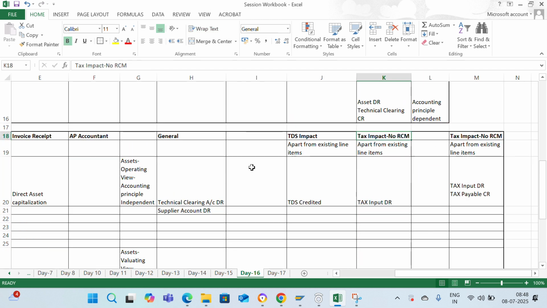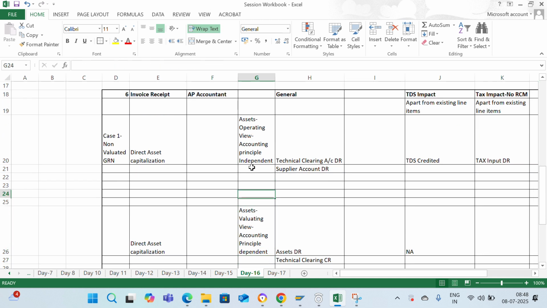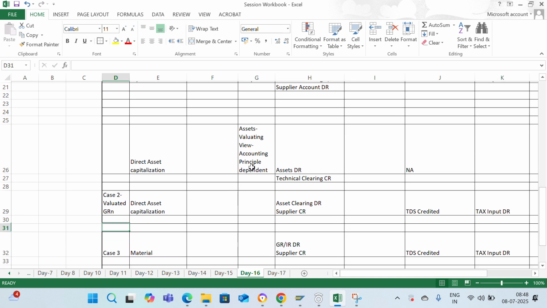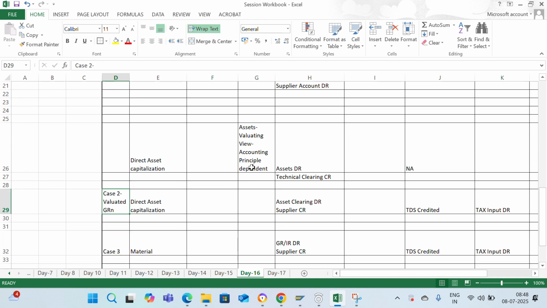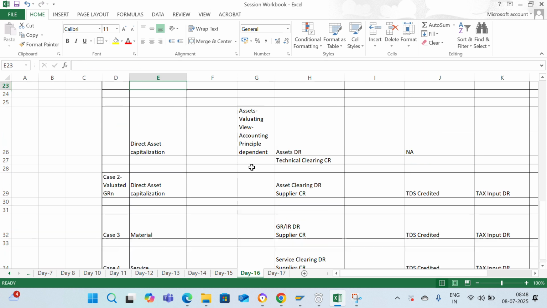Similarly, we also understood the concept of accounting principle dependent and independent, and operating view and valuating view, and what accounting entries are posted in case of non-valuated cases during invoice receipt, and what accounting entry is posted for the valuated GRN for asset capitalization during the invoice posting. Similarly, we also understood what accounting entries are posted for material PO and for service PO.